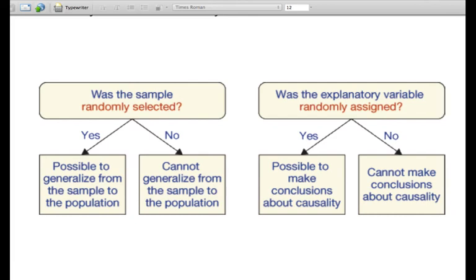Was the explanatory variable randomly assigned? If so, we can make conclusions about causality. This question is about causality, so we're interested in the second question. Because our sample wasn't randomly selected, we really can't generalize to the whole population of all medical residents here. We have to have some caveats about who our population really is.